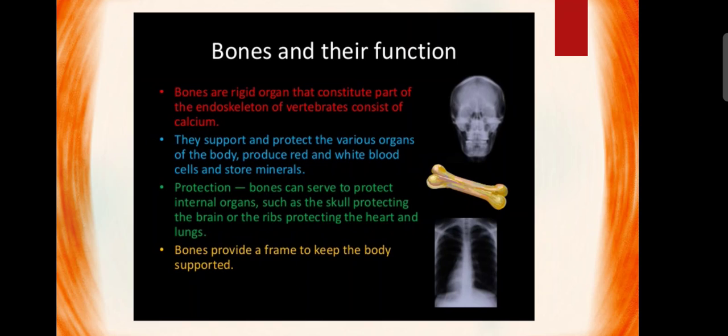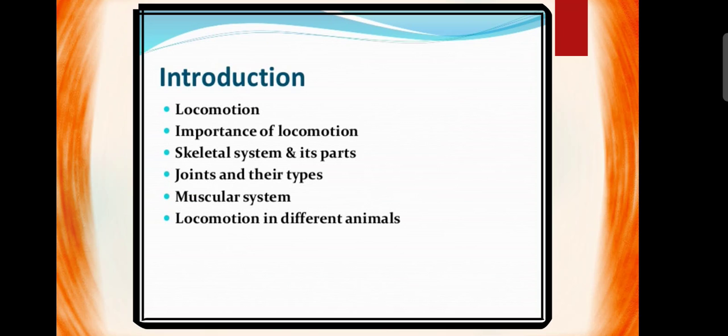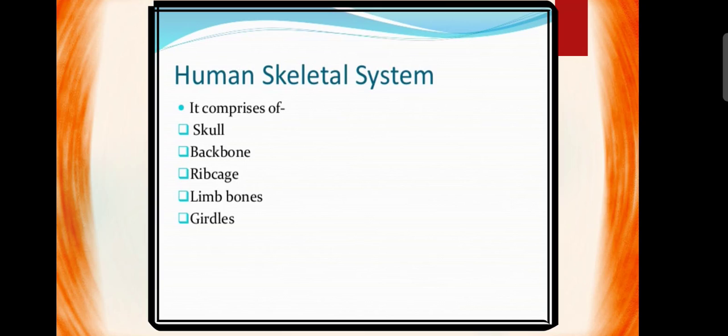Bones also provide a frame to keep the body supported. This frame we call the skeleton. So let us see further about the different types of bones, and then we will see the human skeletal system.